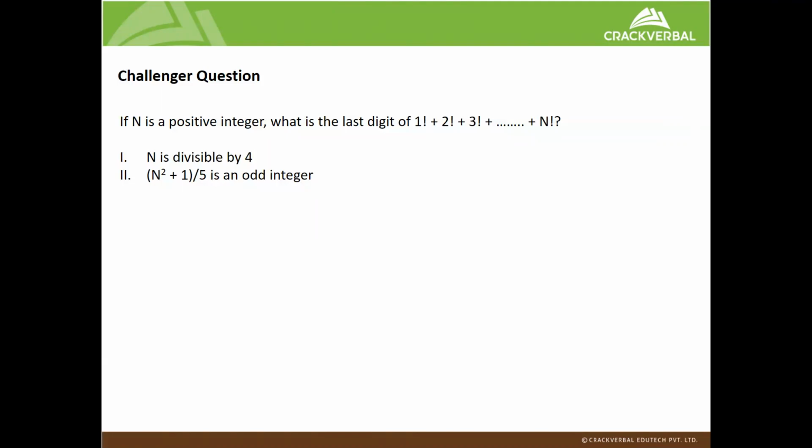You discard a statement only if you get a contradiction. Don't discard a statement unless you get that contradiction. Last call for answers.